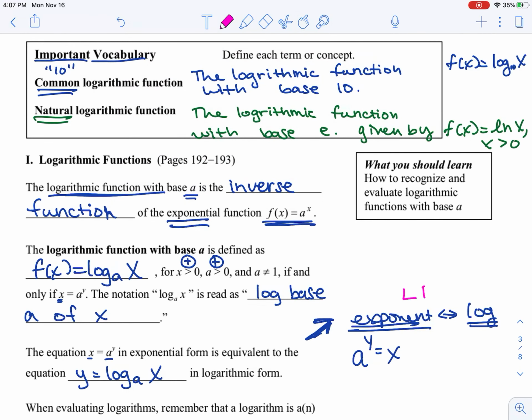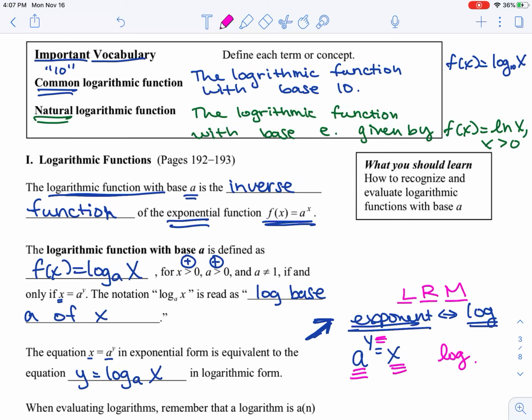We use left, right, middle. And this will work for both, going from exponential to logarithmic and from logarithmic back to exponential. If we want it in logarithmic form, we put a log, but then we go left to the right equals the middle.